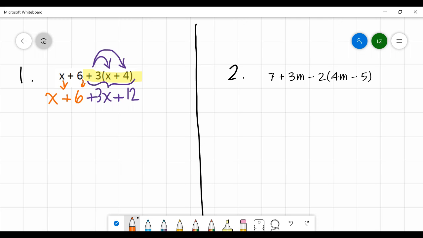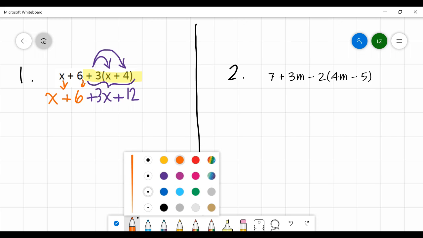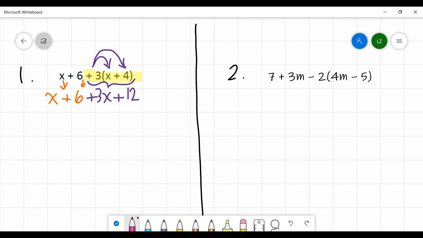So from here, I combine my like terms. And you'll notice that you'll follow those same steps almost every time. You follow the PEMDAS rules where you take care of the parentheses by distributing, then combine like terms every time. So I'm going to color code mine here.